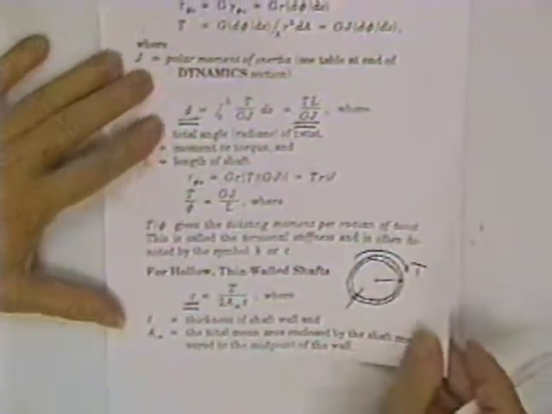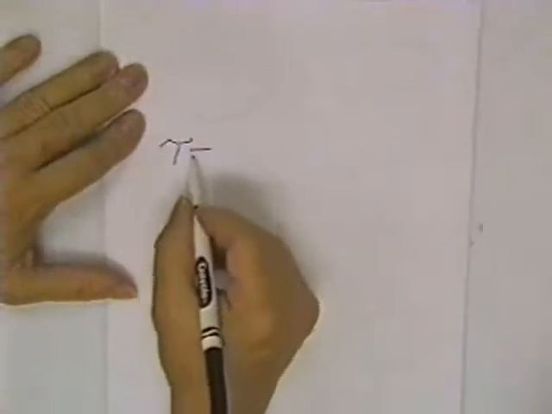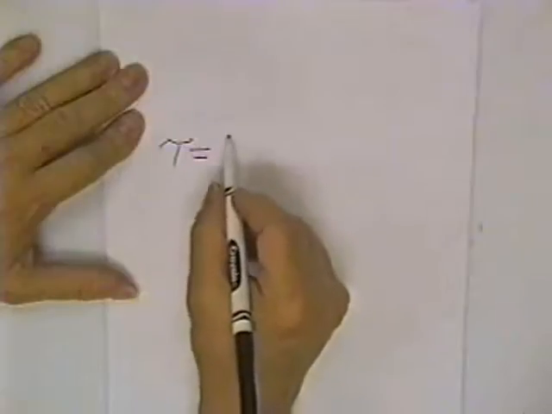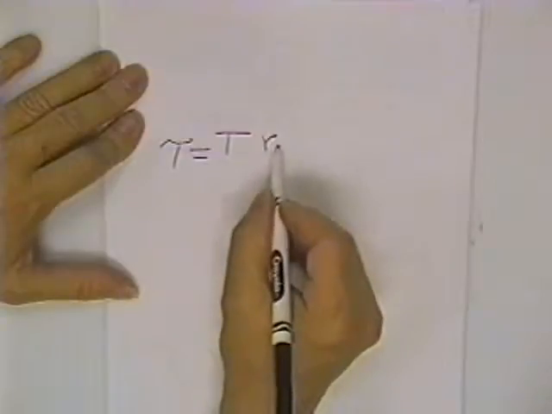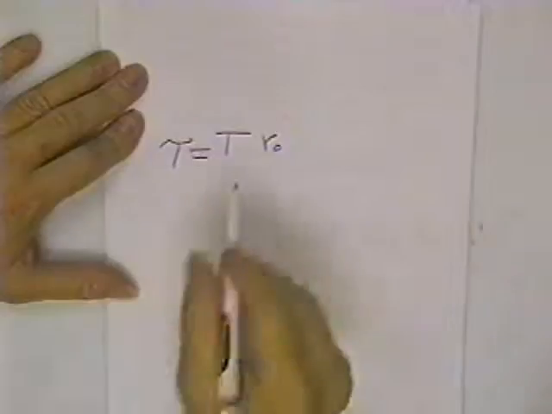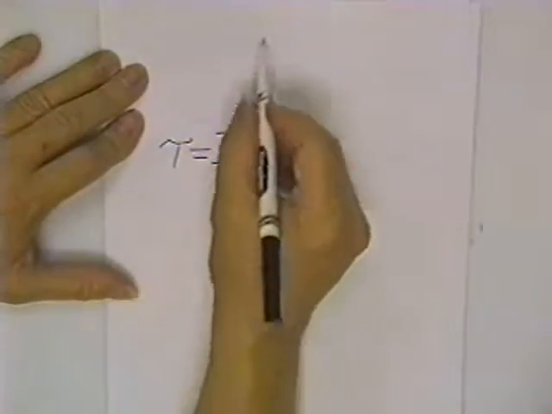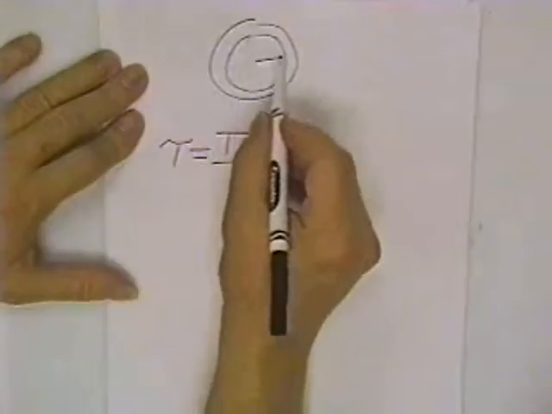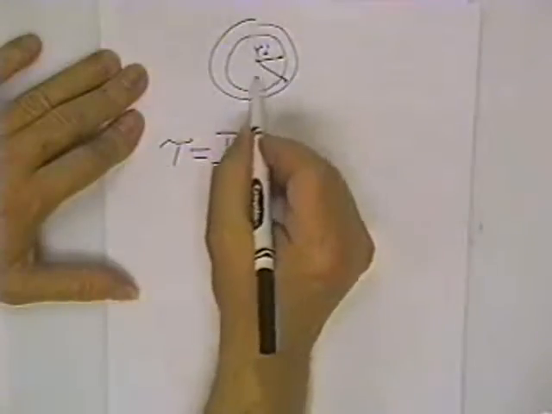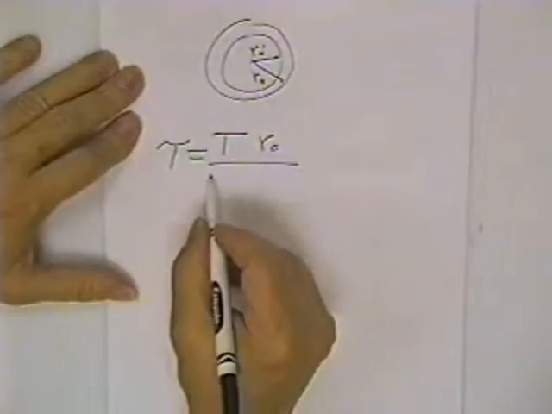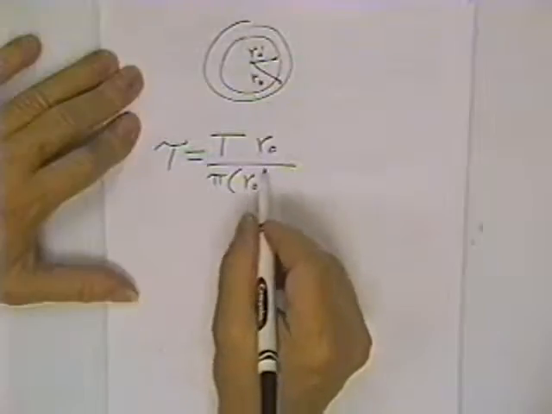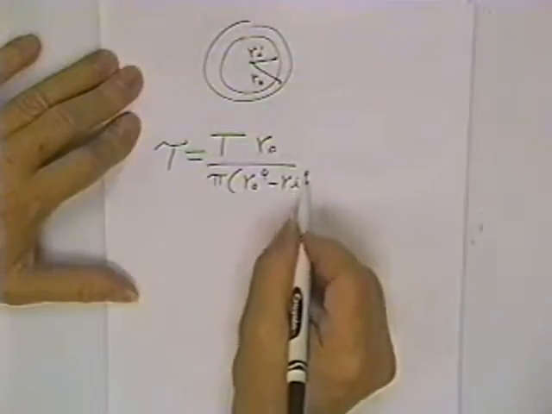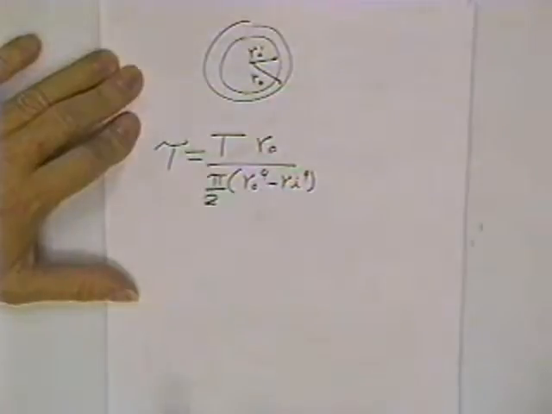If you would rather, you can just use the same equations you had before. You can just say that the stress is equal to the applied torque times the radius to the outside surface from the center, and you divide by J. For a thin piece, you have an R inner, you have an R outer, and the J would be pi times R outer to the fourth minus R inner to the fourth, divided by 2.